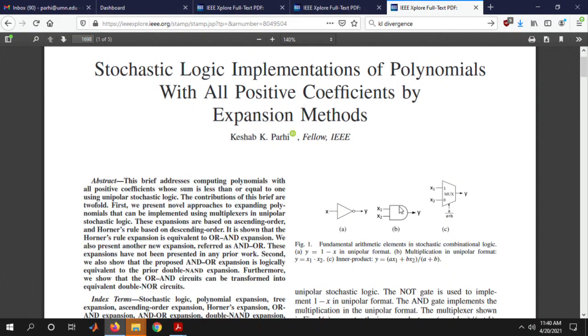It may be that the energy consumption of an AND gate or multiplexer is a small number. But if you take a 1000 bit stream, then the energy consumption of that operation has to be multiplied by 1000. That's where the problem is, and the energy consumption is a lot. So while suitable for low area implementations, these are definitely not low energy computing systems.